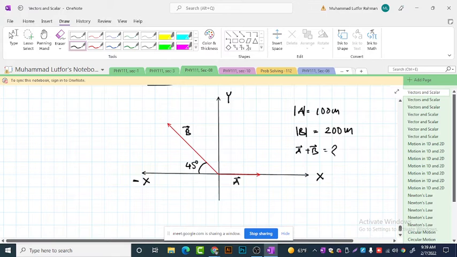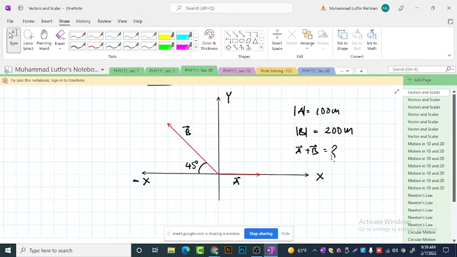What would be that vector? I want to find out the magnitude and the direction as well. Now, without doing that calculation, can anyone predict what would be the resultant direction of this vector? Which direction would it be?